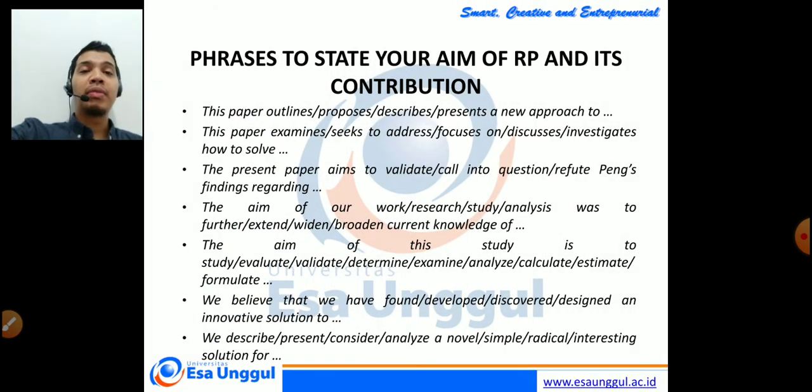Please note that we need to phrase our aim of the research proposal and its contribution. Examples: "This paper outlines, proposes, describes, examines, seeks." "The present paper aims to validate," and so on.